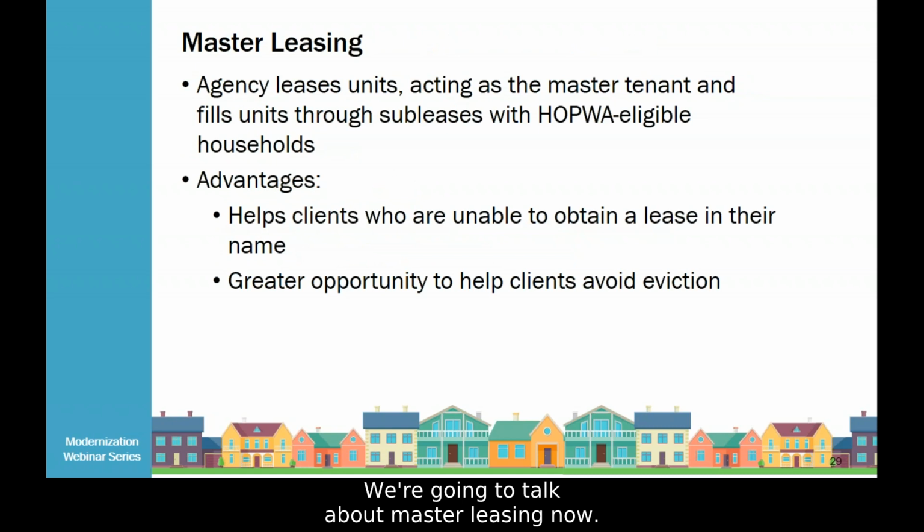We're going to talk about master leasing now. In master leasing, the HOPWA provider, the HOPWA sponsor, whatever you're calling them in your community, they are the leaseholders. So they are going out and leasing, renting units from private landlords, and then subletting those units to their clients or program participants.